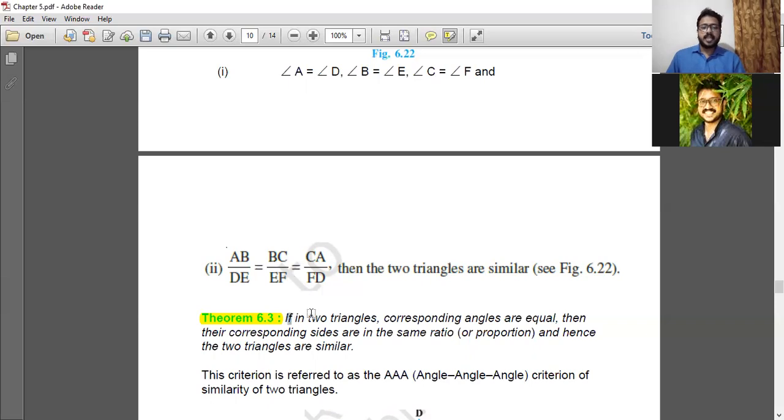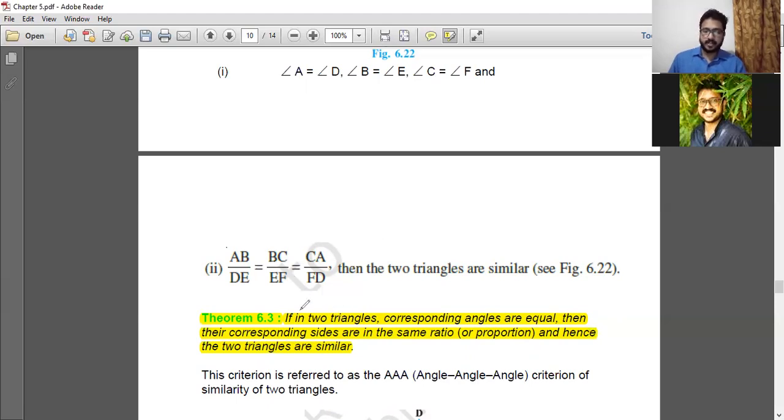What does it state? If in two triangles, corresponding angles are equal, then their corresponding sides are in the same ratio, and hence the two triangles are similar. I will read it once again.